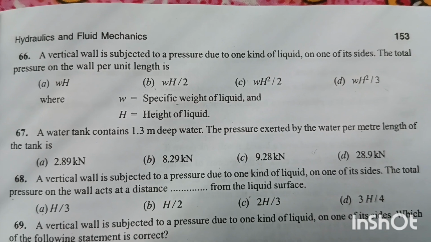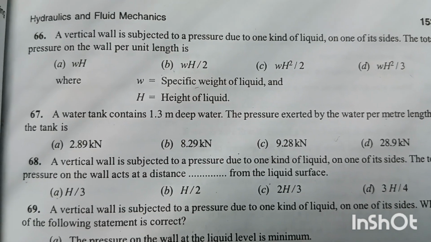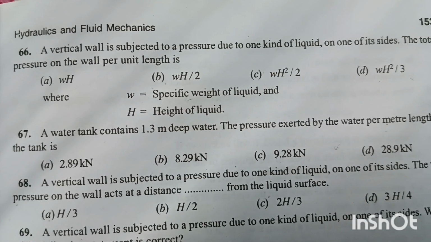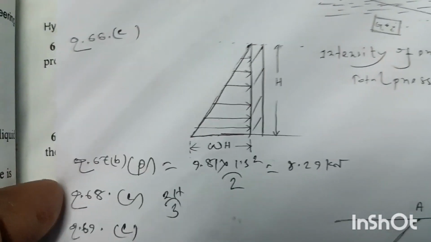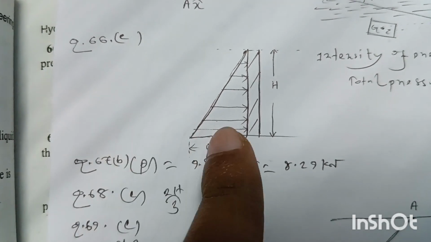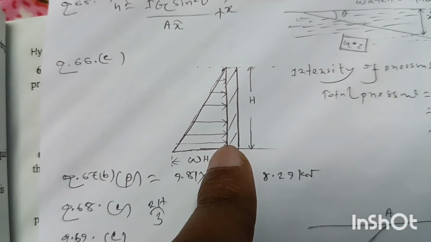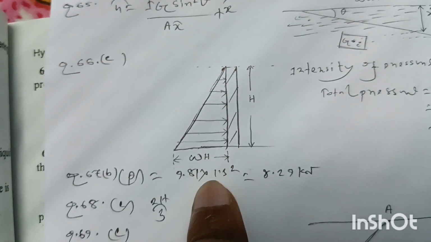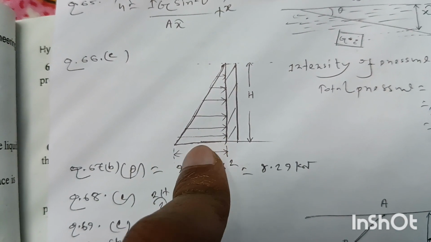Question number 66. A vertical wall is subjected to a pressure due to one kind of liquid on one of its sides. The total pressure on the wall per unit length is. Suppose this is the wall and this is the liquid pressure diagram. The pressure diagram will be triangular in shape, 0 at the free surface and maximum at the base level, equal to W into H, the intensity of pressure.